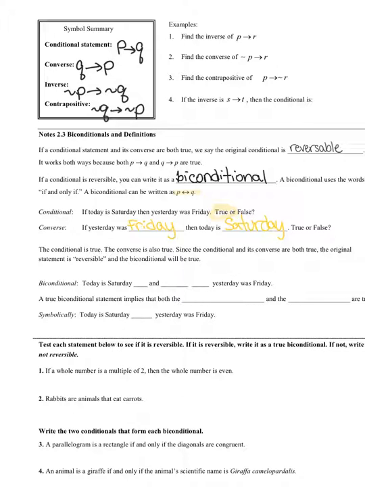Is that true or false? That is still true. Since the conditional is true and the converse is true, we say it is reversible and the biconditional will be true. So instead of having two different statements in if-then form, we have one biconditional: today is Saturday if and only if yesterday was Friday.